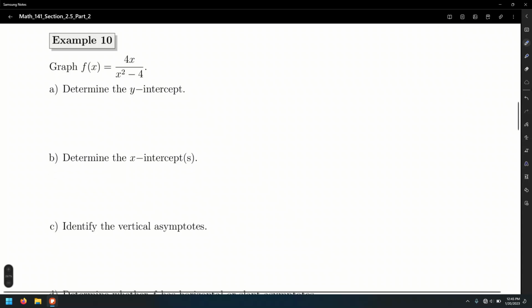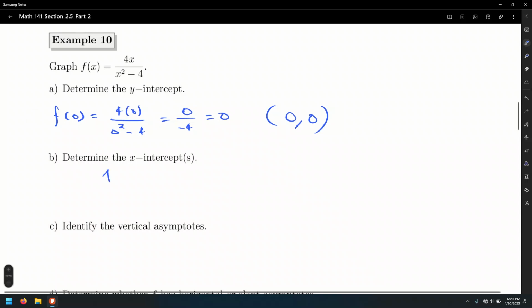So number one. Determine the y-intercept for this function, that is evaluate at 0. That's 4 times 0 over 0 squared minus 4. Well, that's 0 over negative 4, which is 0. So the y-intercept is going to be the origin. And the origin happens to be both x-intercept and y-intercept. But let's find out if there's an additional x-intercept.